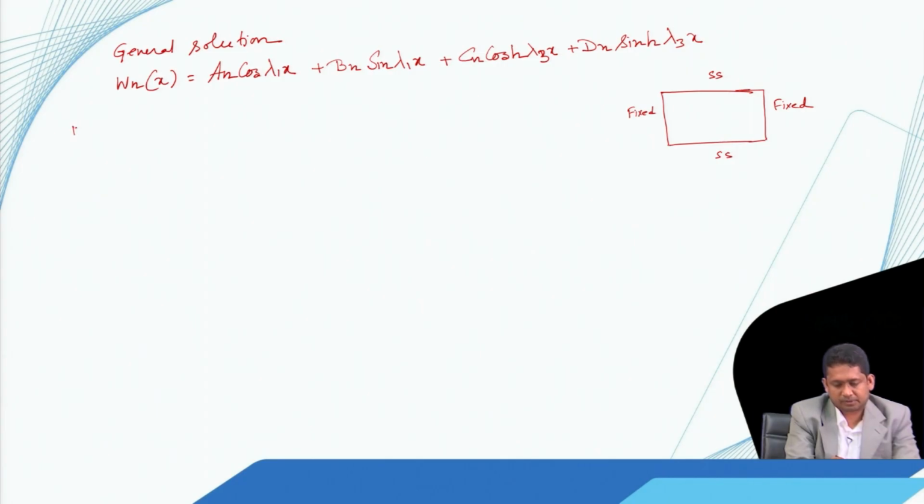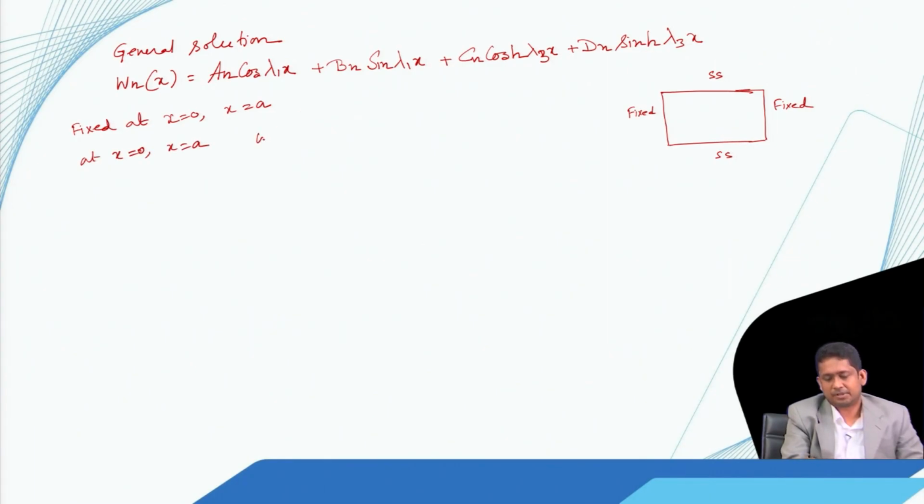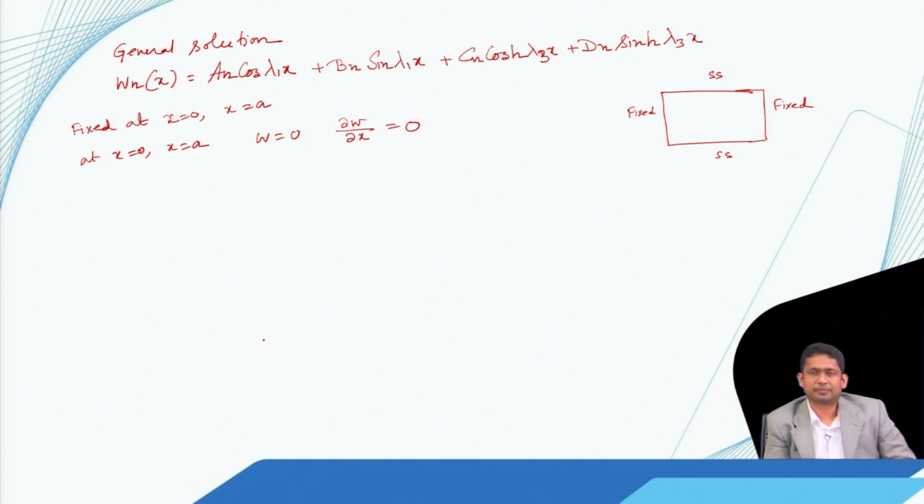So fixed or clamped at x equal to 0 and x equal to a. That means that at x equal to 0 and at x equal to a, we have w equal to 0, and also we have del w by del x equal to 0.